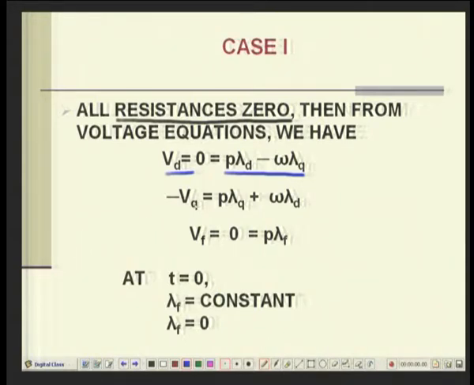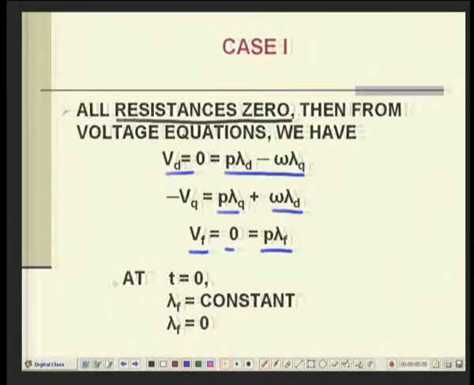Then that will be P lambda Q plus omega lambda D, and Vf was 0 because there is no change, since this is for set 3. You are not applying anything for Vf, so Vf is 0, which is P lambda F.